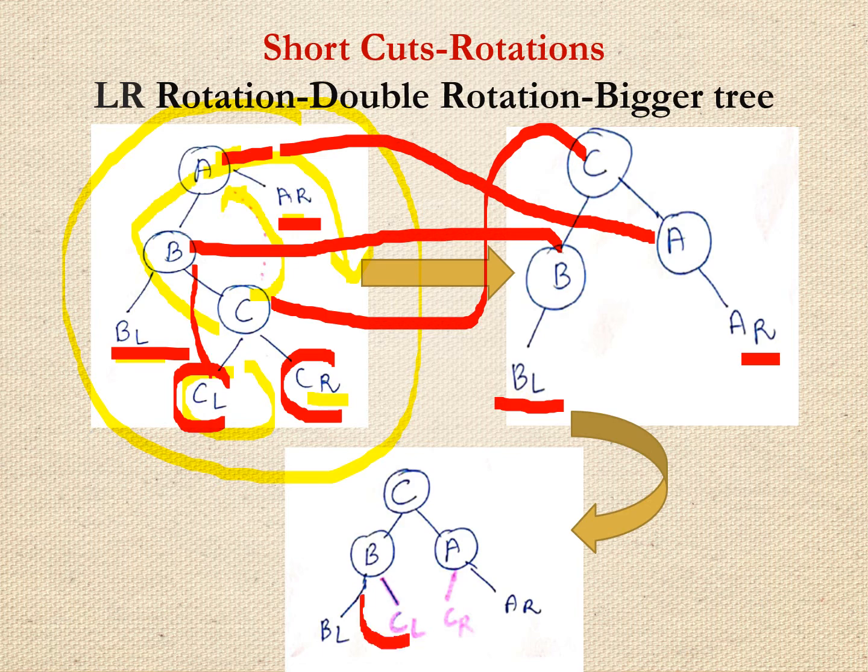So now CL is placed to the right of your B. Similarly, this CR was right of your C, but that C node was left of your B. So that way we can say CR will be the left of this A node. So this way we can identify the position or the shortcuts while handling the double rotations even for a bigger size.